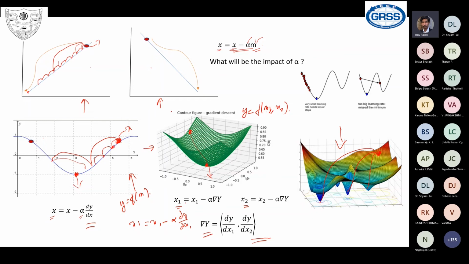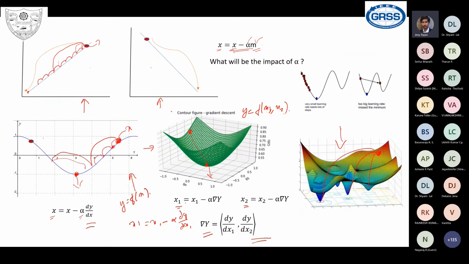So if we fall into these local minima, then it is very difficult for our algorithm to escape from them. Of course, there exist some techniques to escape from local minima that we are not going to discuss, but this is one challenge associated with gradient descent. If the surface is convex, then our model will always converge to the global minimum.